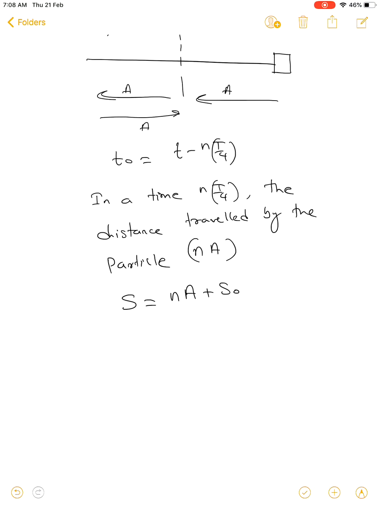Now here we have two possibilities: the value of n being an even number or an odd number. So what will be the difference in the distance traveled s naught with respect to whether n is even or odd?